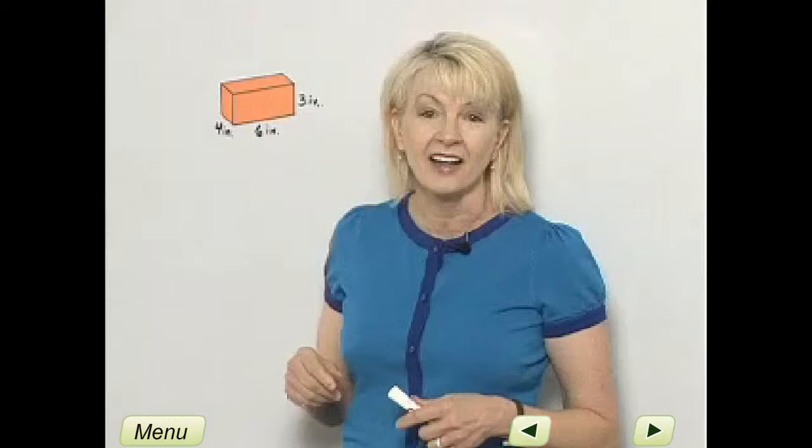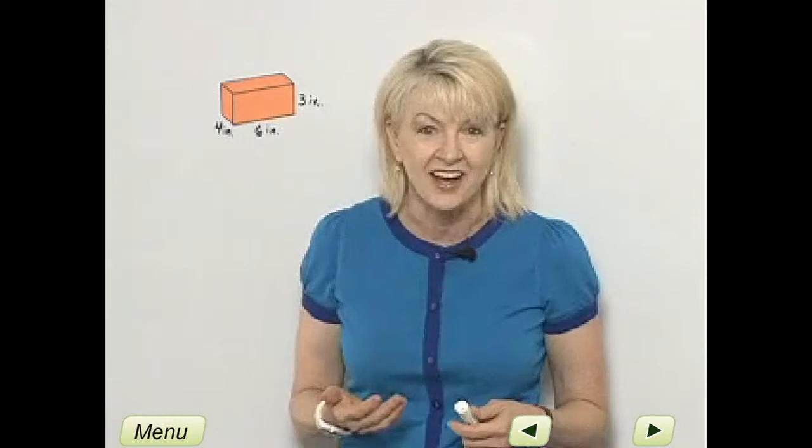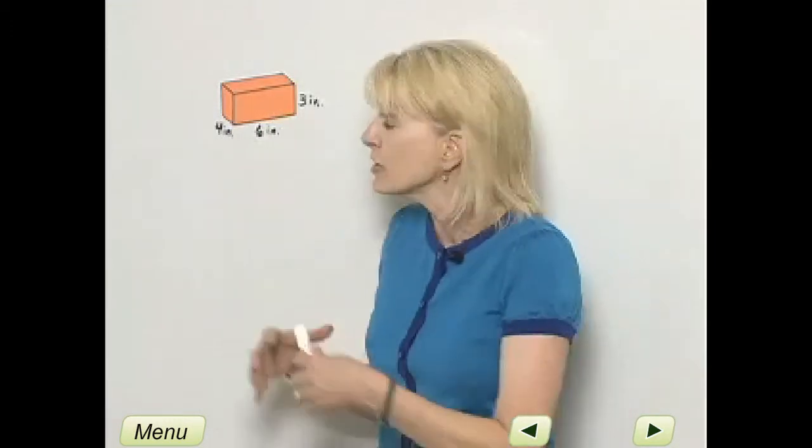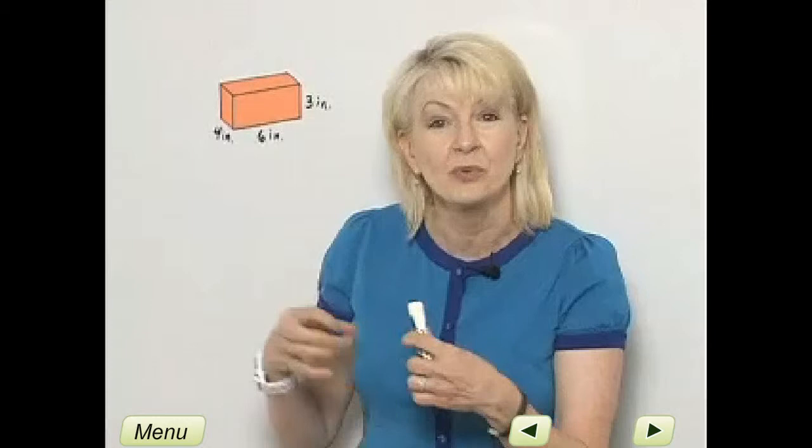Let's practice using these volume formulas by finding the volume of some solids. Here's my first solid. Remember, it's a rectangular solid. I want to find the volume, the amount of space within or enclosed by this solid.